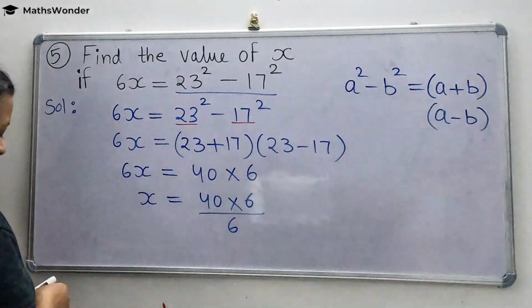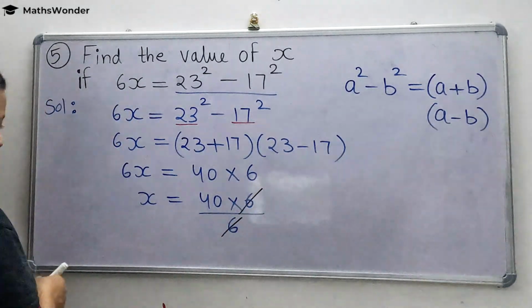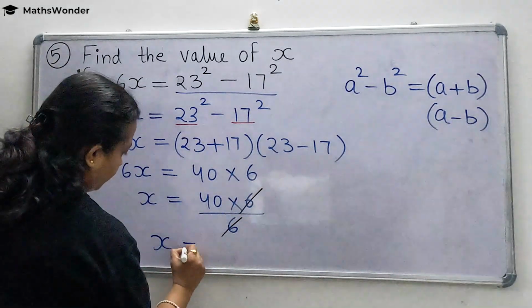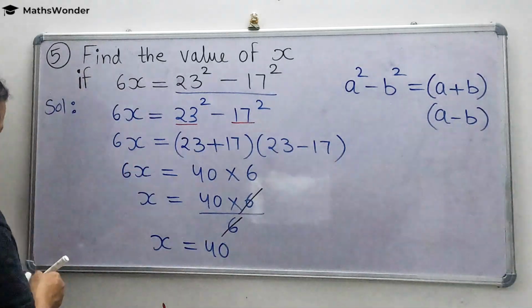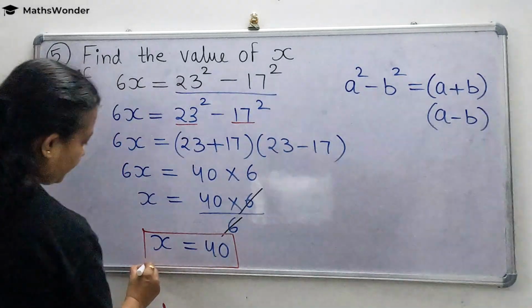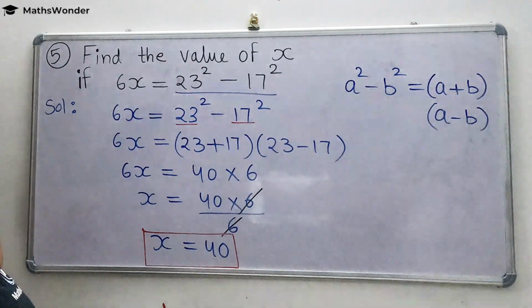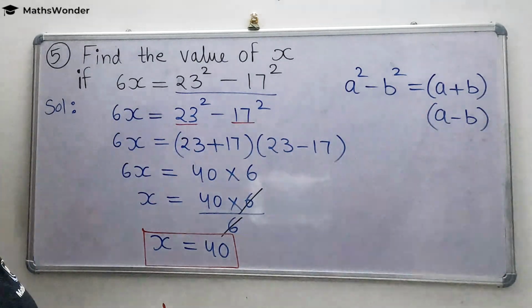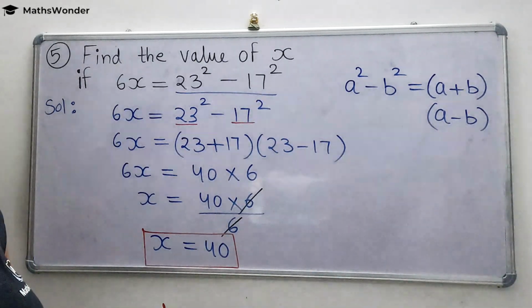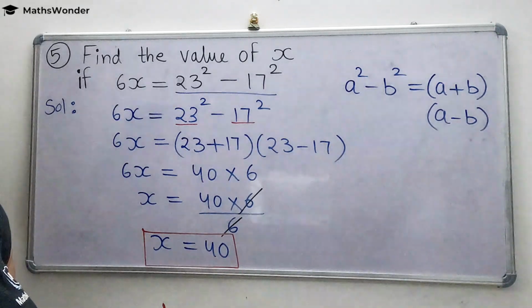When you simplify the 6 here, the x value is 40. Yes, that's correct. So your final answer is 40. Identities are a very useful part of algebra. So always remember, whenever you see a question, immediately click the identity and apply it.